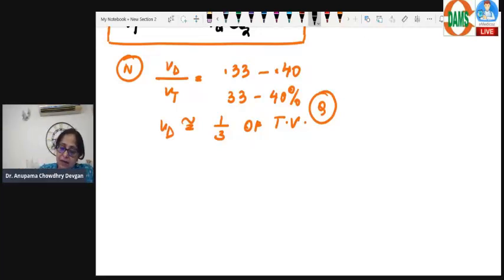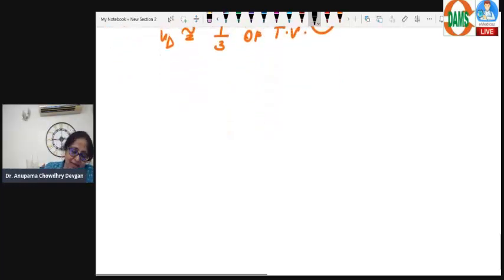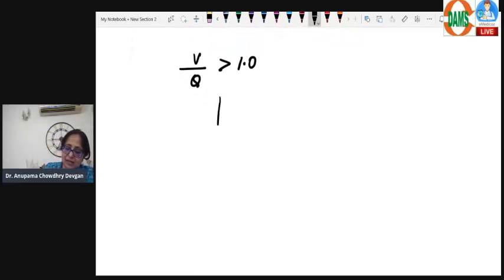Now, we've already discussed that if the VQ ratio is more than 1, VD is dead space. If the VQ ratio is more than 1, we said this is a wasted ventilation.